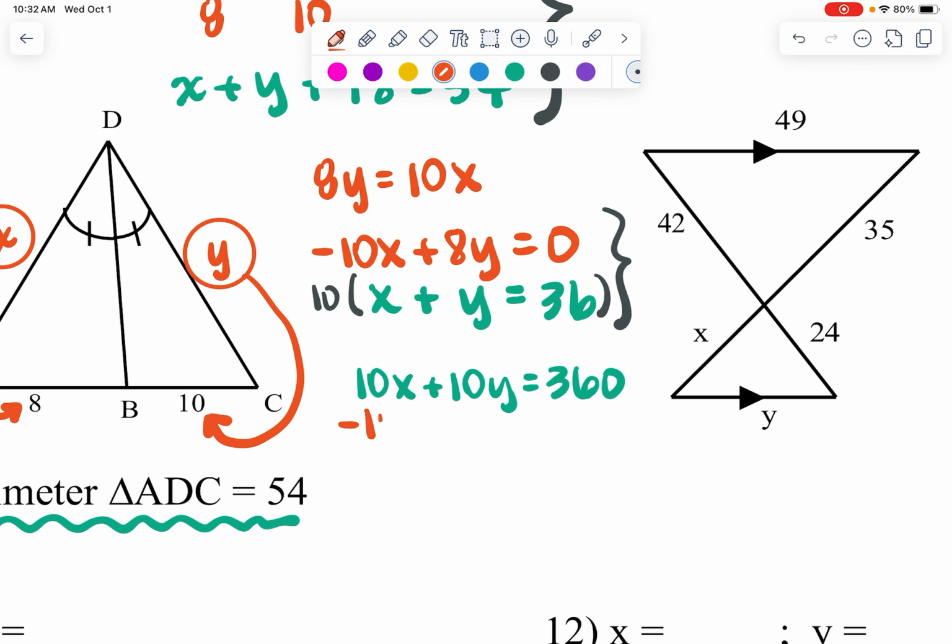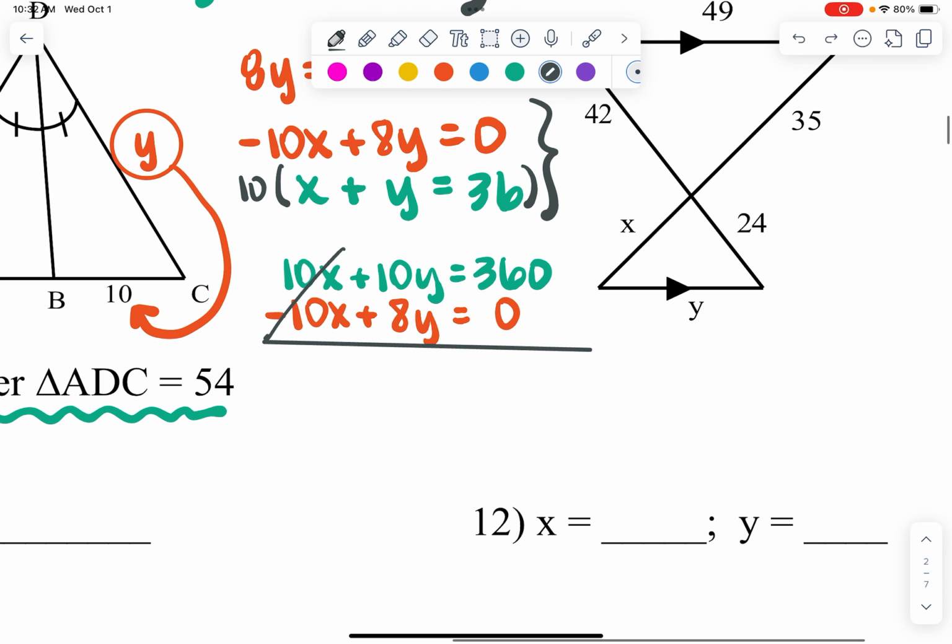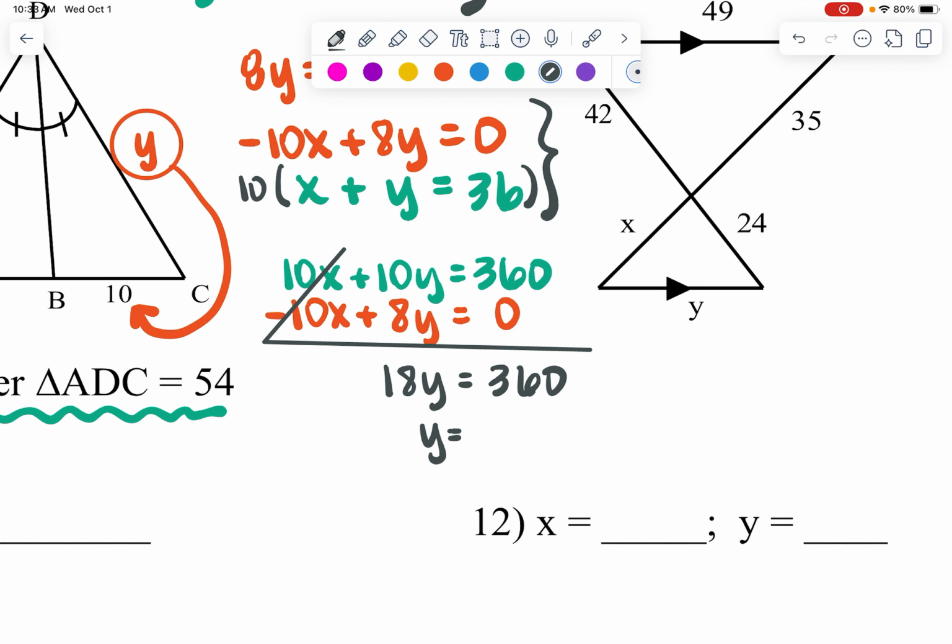And just so I don't lose anybody, I'm going to rewrite my top orange equation. I'm trying to stay color-coded here. All right, there we go. Those will now cancel. And if we add our y's, we're going to end up with 18 y's equals 360. So y is going to equal 20.